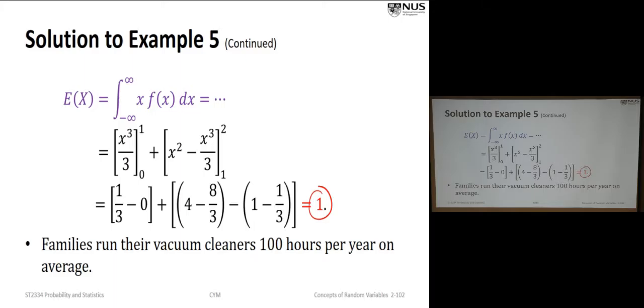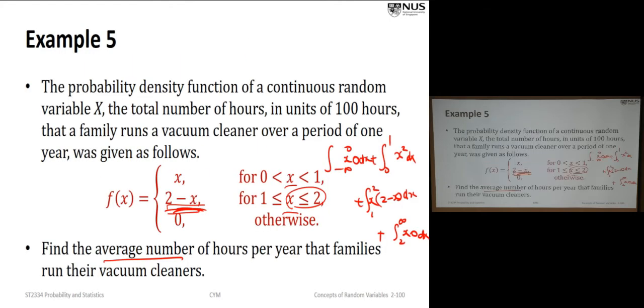So in fact, the way that we define the PDF, based on this one, it means that the machine only works at most 200 hours. After that, it will not work. So this is not a very good example or good form to represent the period this vacuum cleaner works.